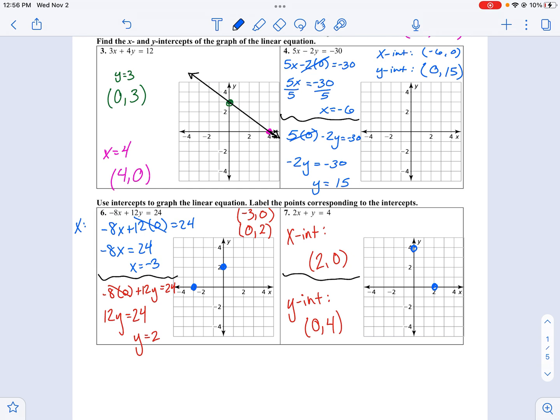And if I want to make my linear function, I just need to connect those two coordinates, and I'd have my lines. So that's how I would find the x and y intercepts of my linear functions, and then I would plot those 2 points and just connect them to make a linear graph.